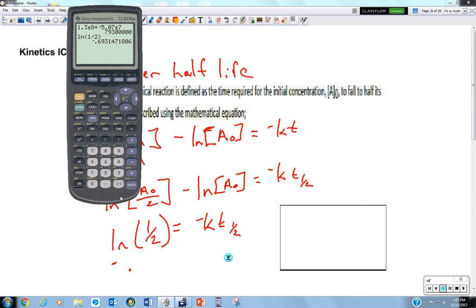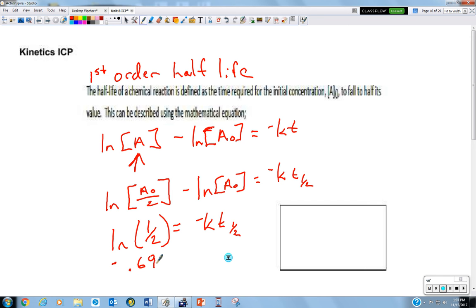I just heard you wrong, I'm sorry. So we get negative 0.693 equals negative KT 1/2. That, again, that T 1/2 is just telling us this half-life.